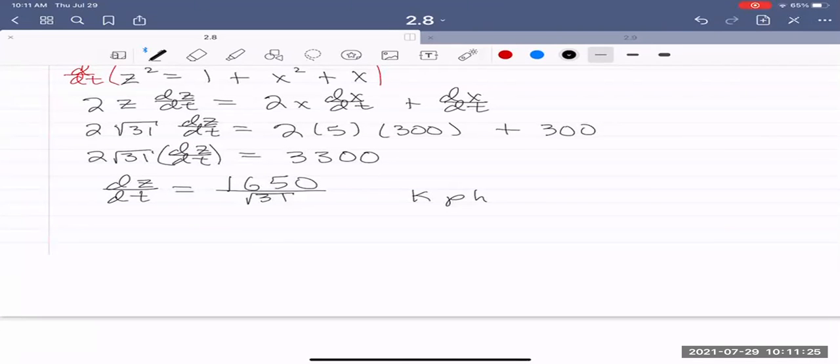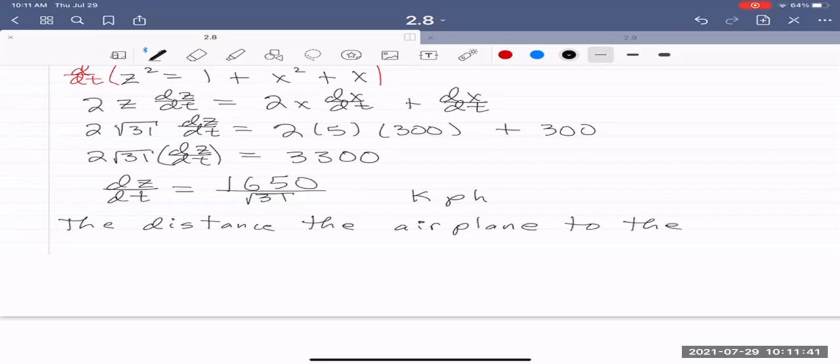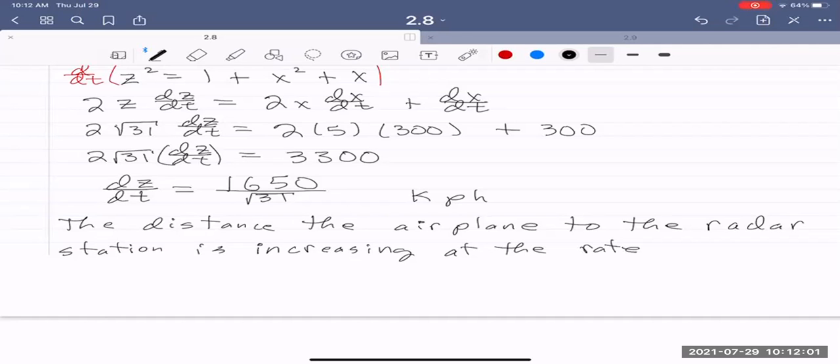So I have that the distance from the airplane to the radar station is increasing at the rate of 1,650 over radical 31 kilometers per hour.